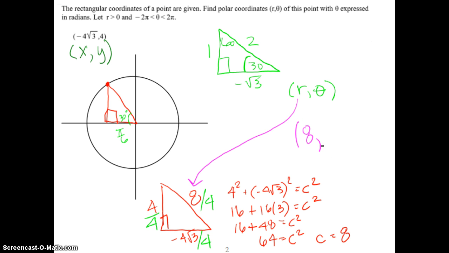Our theta value is going to be, with a reference angle of pi over 6 in quadrant 2, we know that pi is 6 pi over 6. So if we've got 6 pi over 6 at pi, then this has to be 5 pi over 6. So our angle theta is 5 pi over 6. And those are our polar coordinates for that section. I hope this helps.